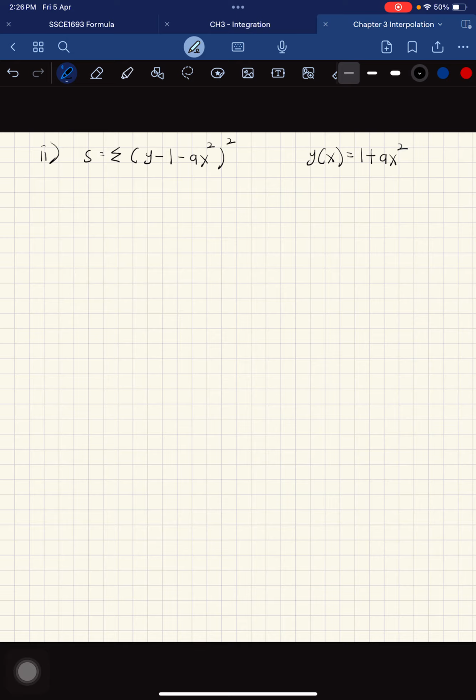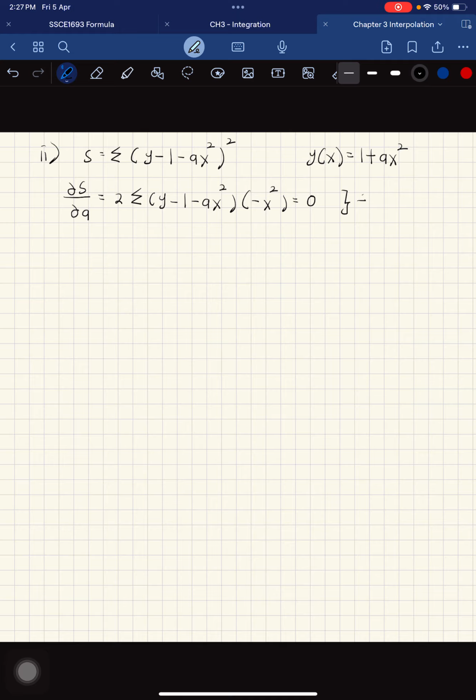And then, because we only have the constant a, we differentiate S with respect to a and we get 2 summation (y minus 1 minus ax squared) times negative x squared, equal to 0.